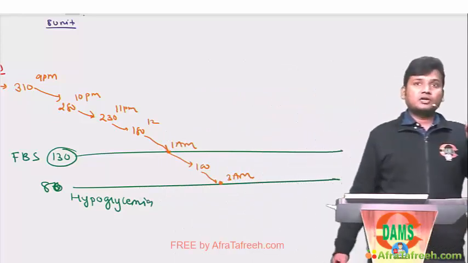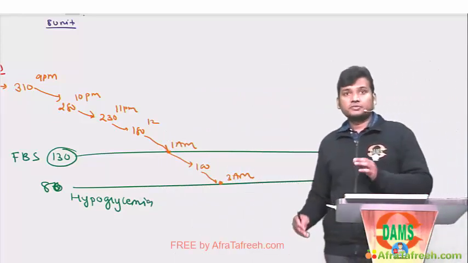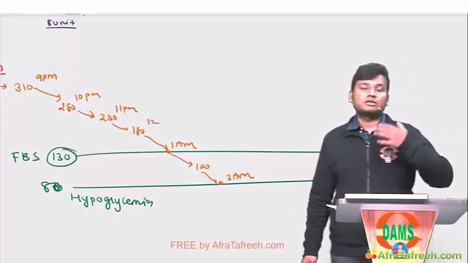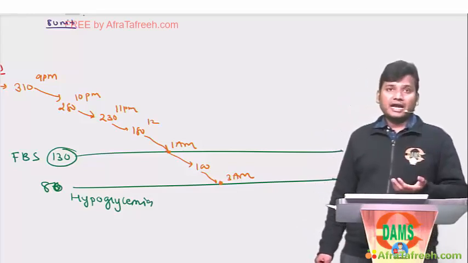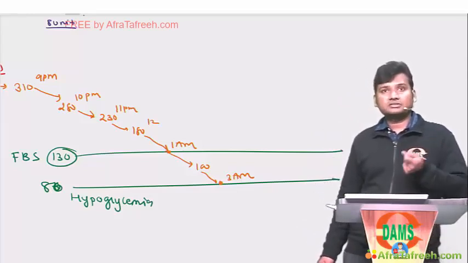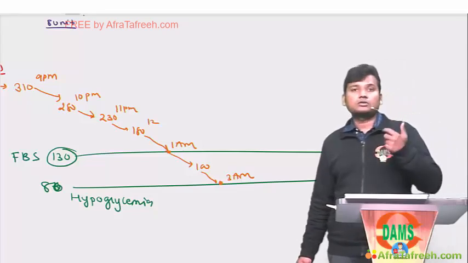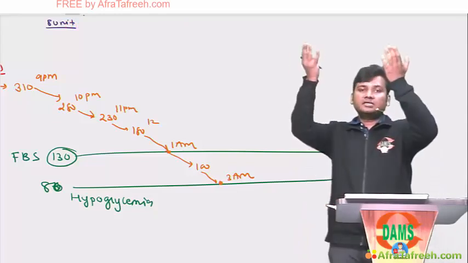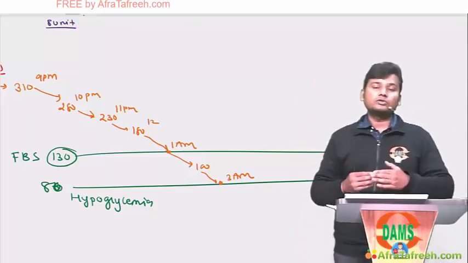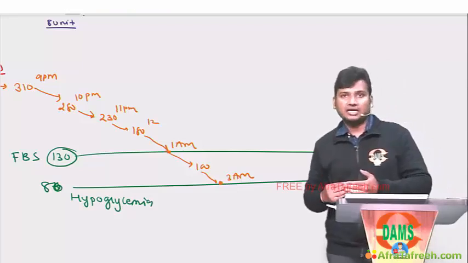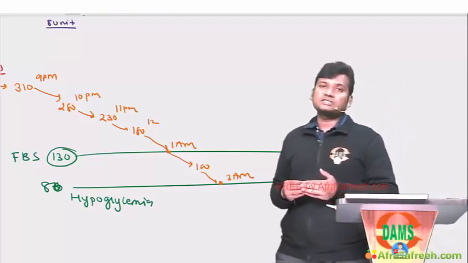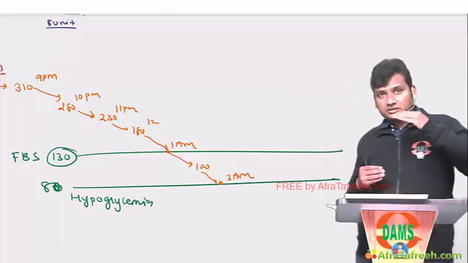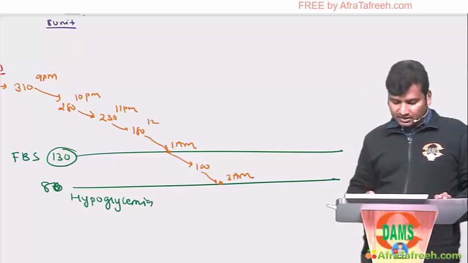Before the patient develops symptoms, our body will start counter-regulatory mechanisms. When counter-regulatory mechanisms start, cortisol, glucagon, growth hormone, epinephrine, all these hormones will increase and start gluconeogenesis and glycogenolysis. Because of gluconeogenesis and glycogenolysis, the sugar which was touching 80 will increase suddenly.